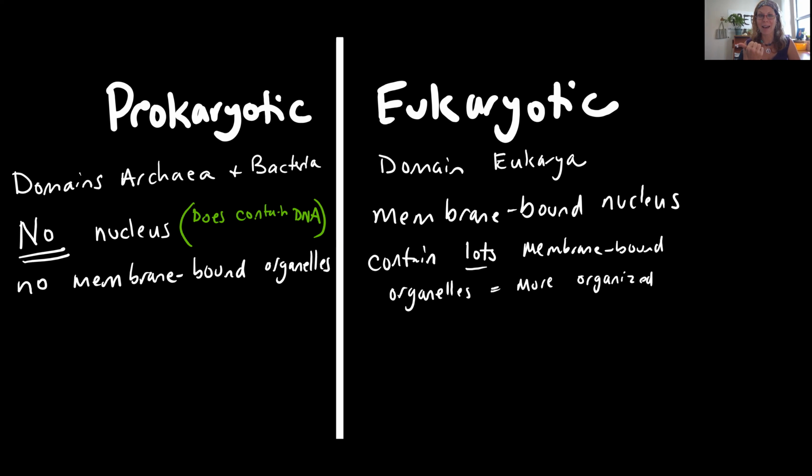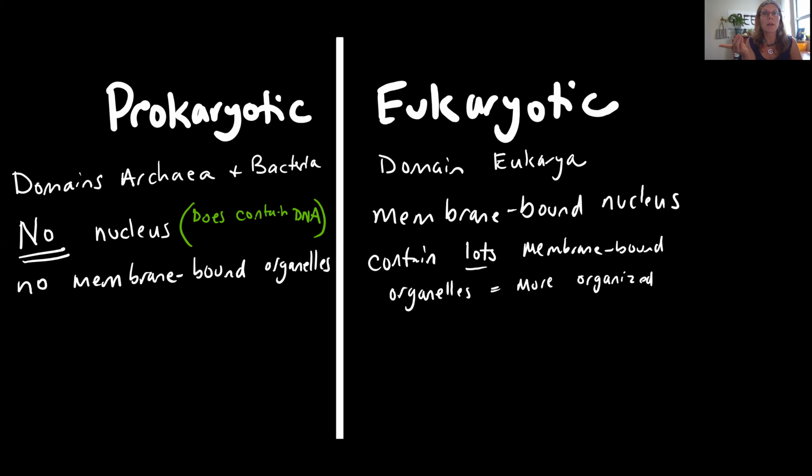Eukaryotic cells have membrane-bound organelles, and the significance here is, think of the eukaryotic cell as a house, and you have different rooms in the house. So your kitchen is separate, your bathroom is separate, your bedroom is separate, your living room is separate. That's the eukaryotic cell. That's the significance of those organelles.